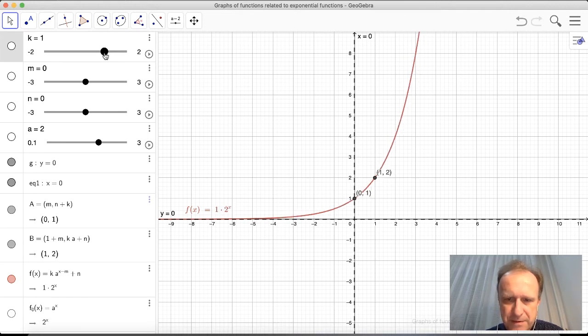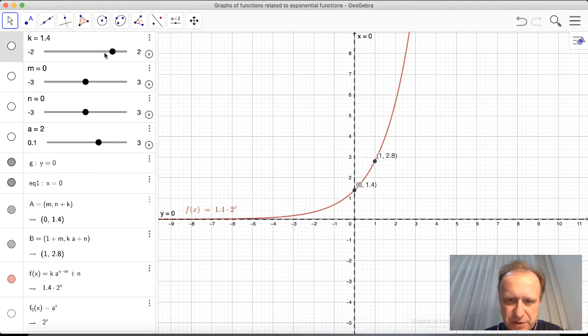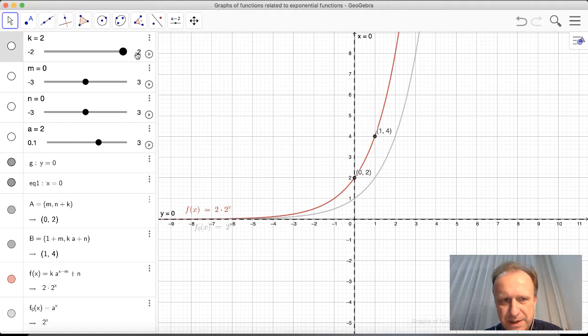Now, if I want to compare this function with its original form, f of x equals a to the power of x, I can make it visible on the graph. This gray curve is the function y equals 2 to the power of x, while the red one is y equals k times 2 to the power of x. Now, for example, k is 2. You can observe this together with me.